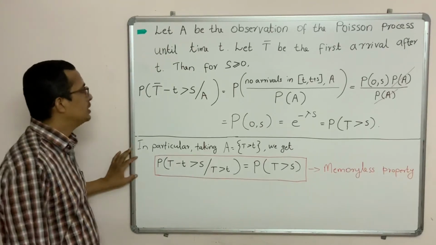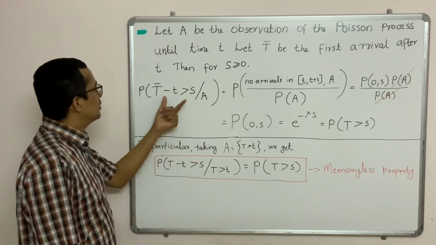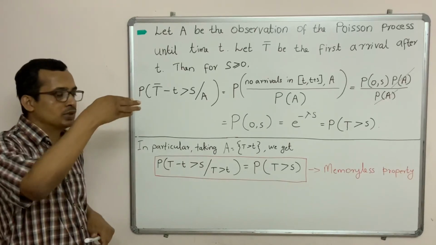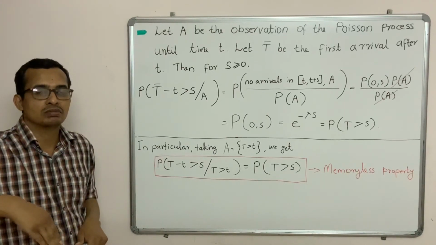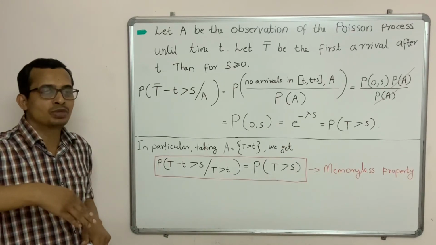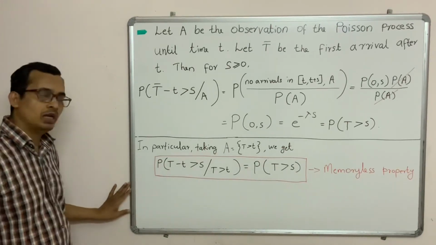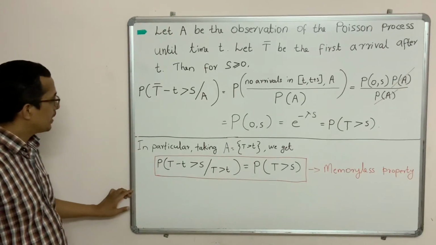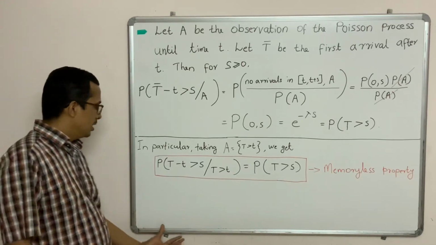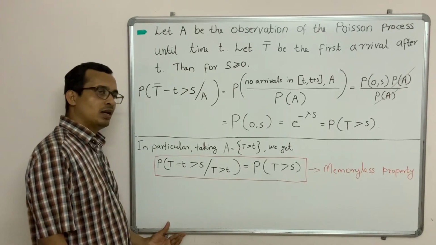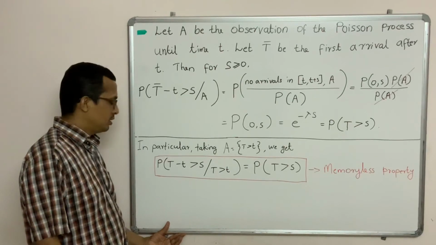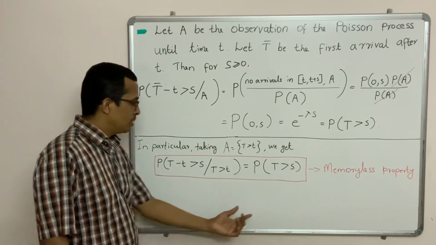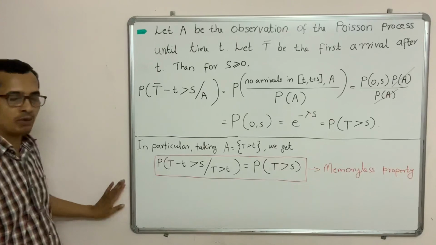Now take the special case where you have observed the Poisson process up to time t, and there is no arrival in 0 to t. That means my observation is A equal to capital T greater than small t. In that special case, you substitute here, and the probability of T greater than t plus s, or equivalently the probability of T minus t greater than s given T greater than t, is equal to e power minus lambda s.